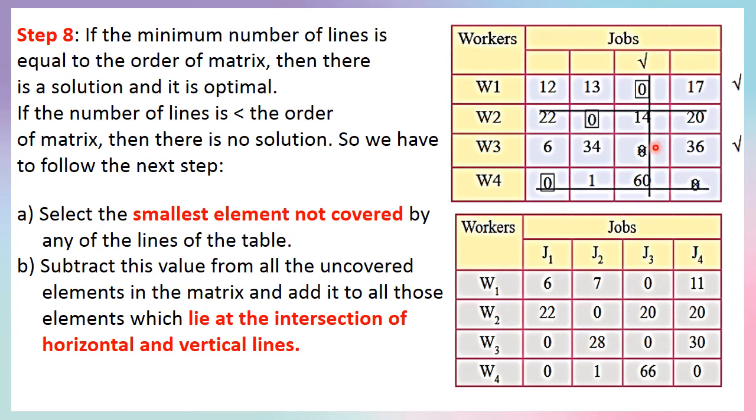Which are the intersecting points? This 14 is at the intersection of the horizontal and vertical line, and then 60 also. So we have to add the smallest element 6 to these numbers 14 and 60. When you add 14 plus 6, you get 20, and 60 plus 6, 66, and the remaining elements stay as they are. So we are getting the new matrix this way.